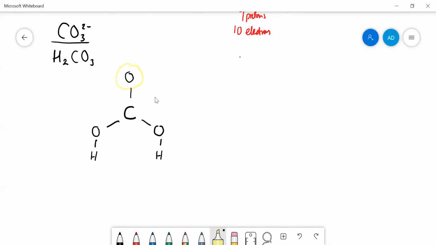So the obvious solution is to turn this one into a double bond. And now the carbon's forming 4 bonds, and all the oxygens are forming 2, so everything's okay.